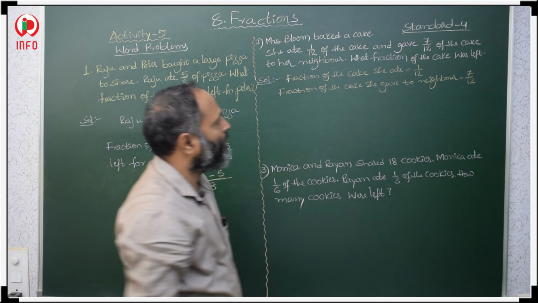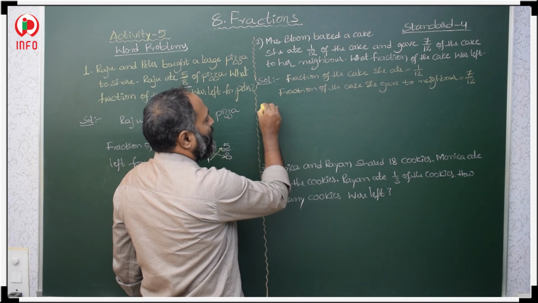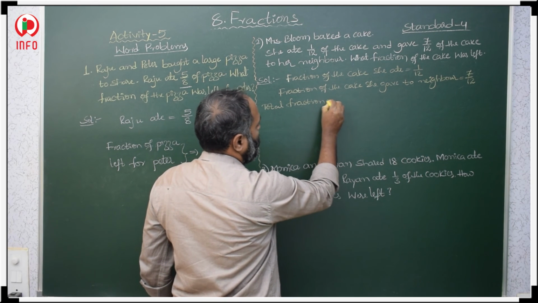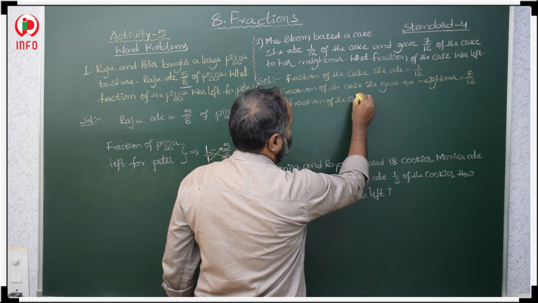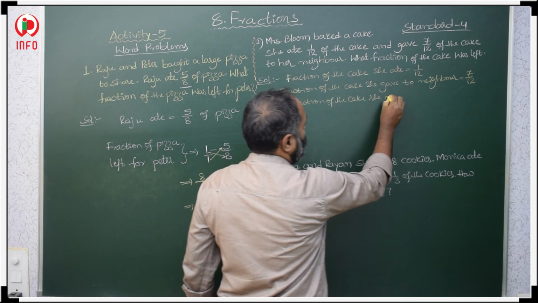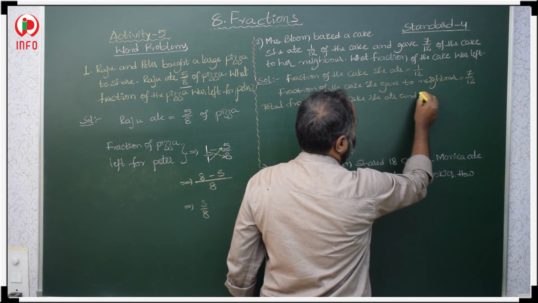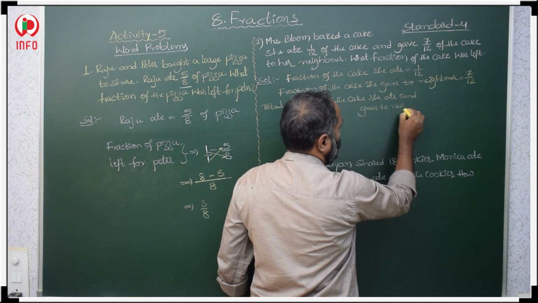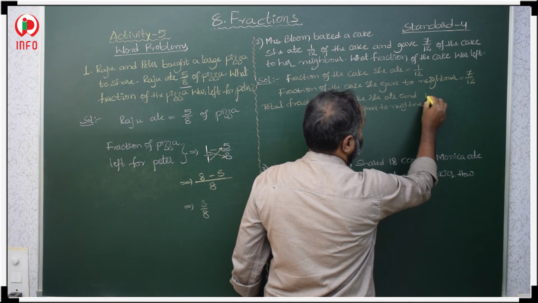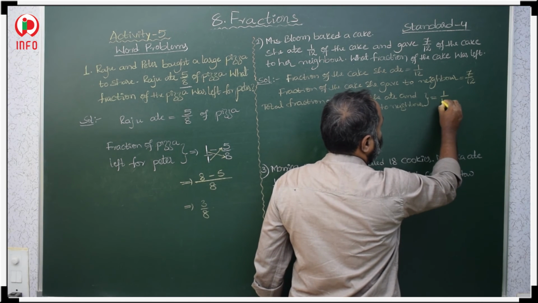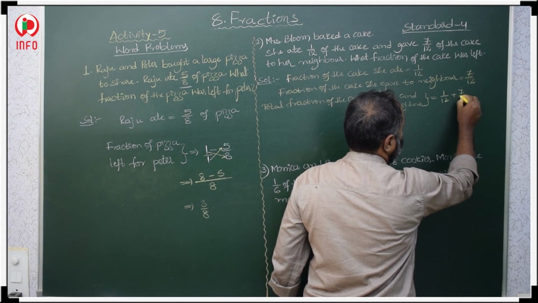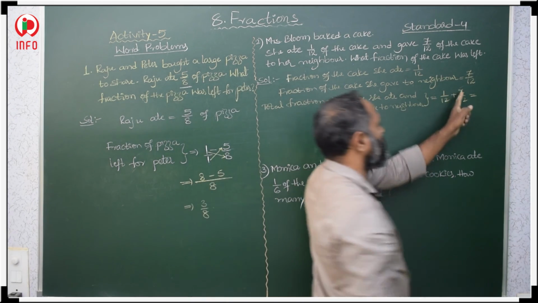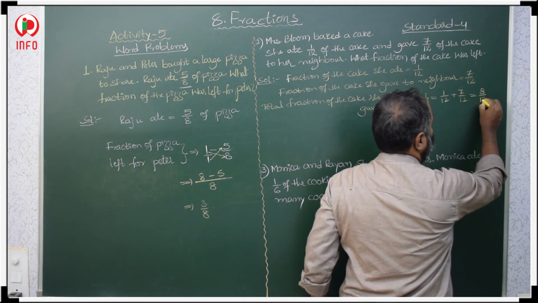So this much she gave. Then the total fraction of the cake she ate and gave to the neighbor. So we have to add 1/12 plus 7/12. These two are like fractions, so directly we add the numerators. 1 plus 7, 8. 8/12.